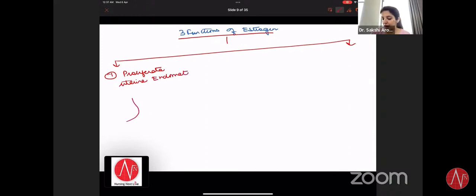So it acts on the uterus and it proliferates the uterine endometrium. Number two, it has a negative feedback on FSH. And number three, it has a positive feedback on LH.